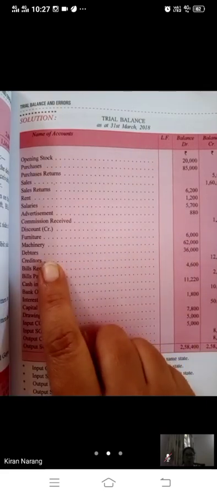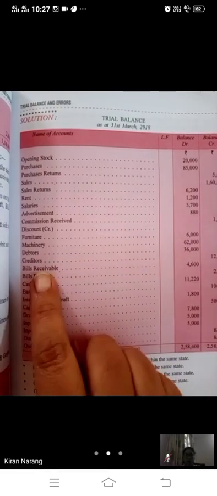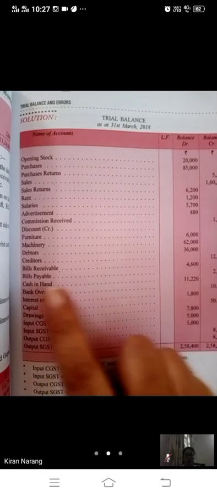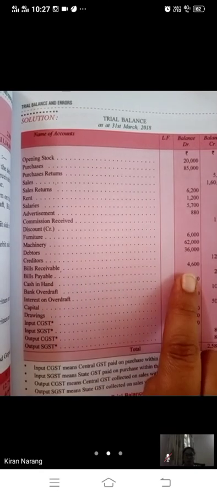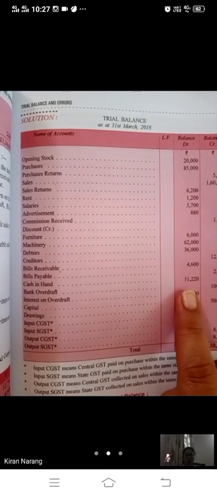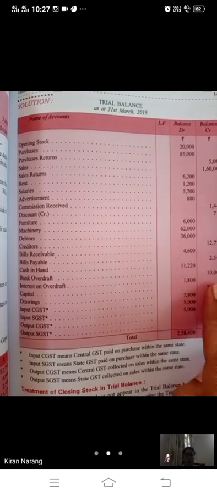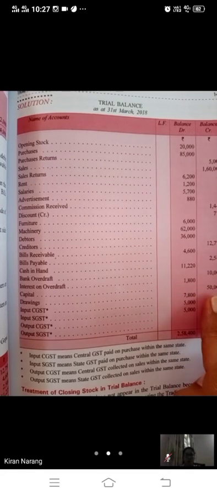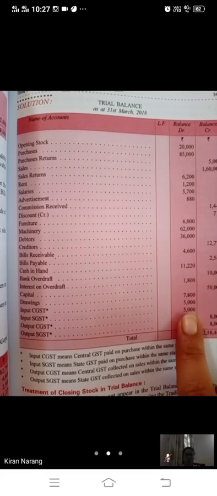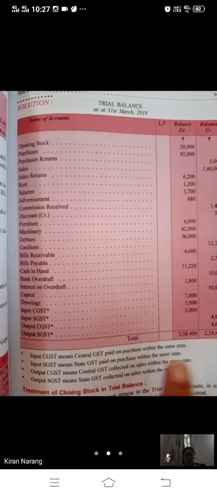Furniture, machine, debtors, they are assets, debit side. Creditors, credit side, liability. BR asset, BP liability. Cash in hand asset, bank overdraft liability. Interest on overdraft expense, bank overdraft is liability. Capital, credit side, drawings debit, inputs debit, output credit. Then you have to do the total.